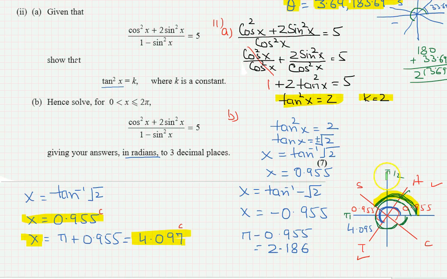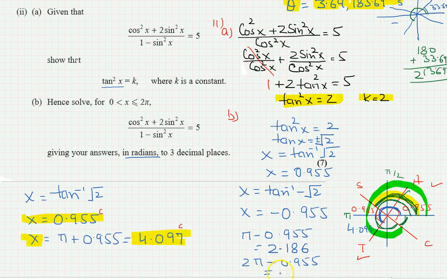And then this complete angle, this one. This is total 2 pi minus this, so it will be 2 pi minus 0.955.